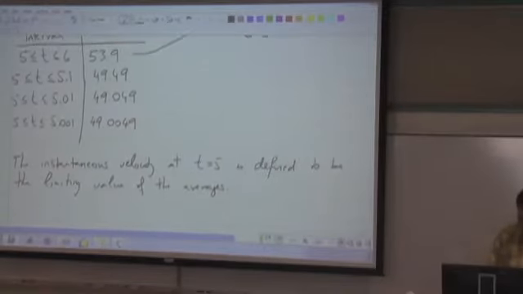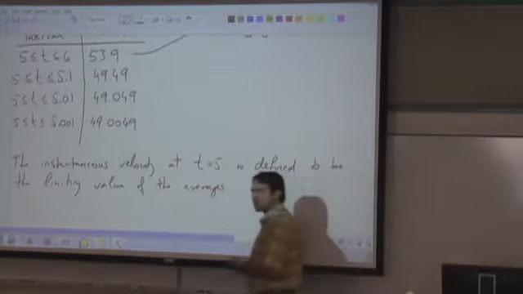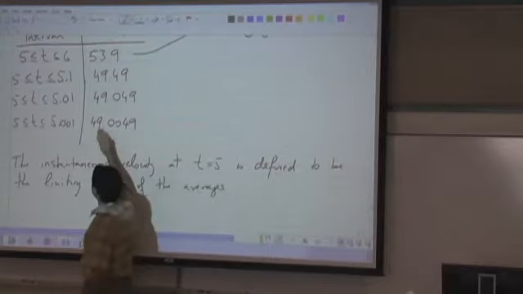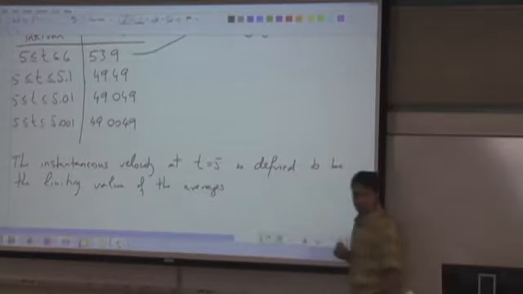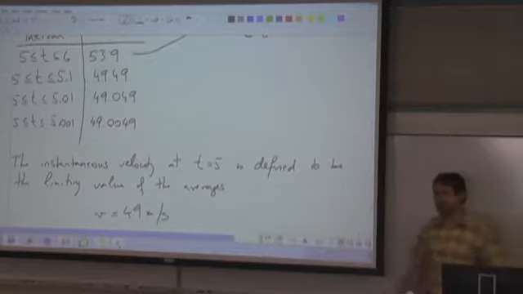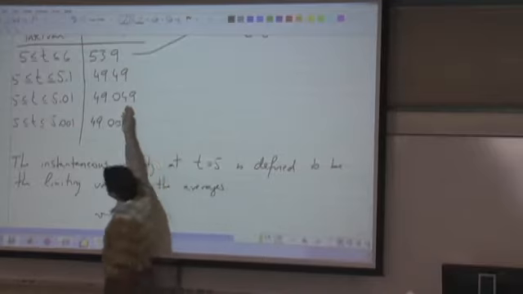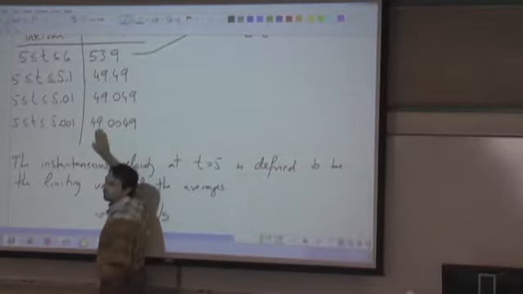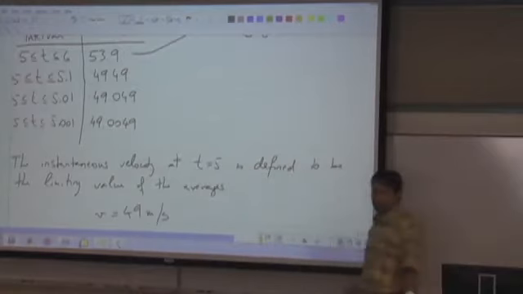And so the key idea is, when your interval gets smaller and smaller and smaller, do we notice a pattern as to what our value might actually lead towards? And the answer is 49 meters per second. Does this make sense? If you look at it, as I keep going, it gets closer and closer to 49, right? Well, we just witnessed our first limit.